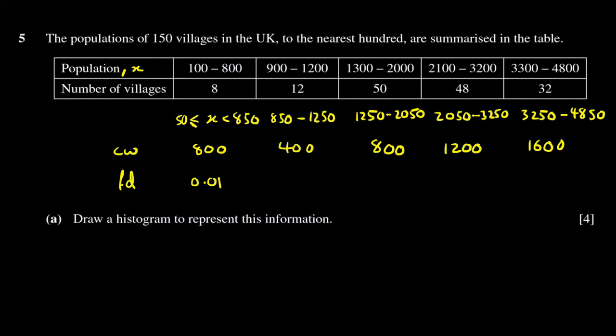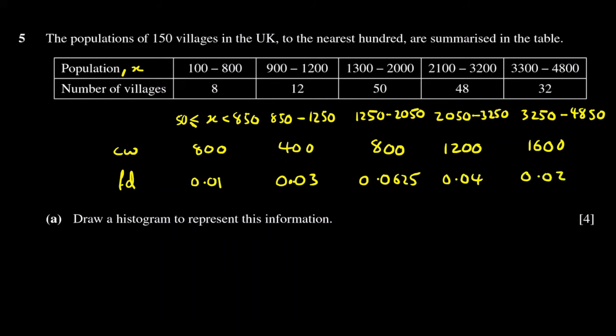I want to do 12 divided by 400, which is 0.03. And 50 divided by 800, which is 1 upon 16, or 0.0625. And 48 divided by 1200, which is 0.04. And 32 divided by 1600, and that gives me 0.02.